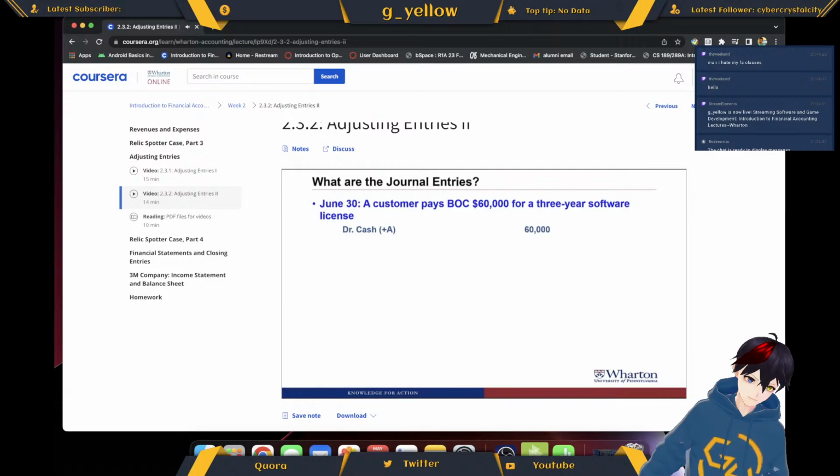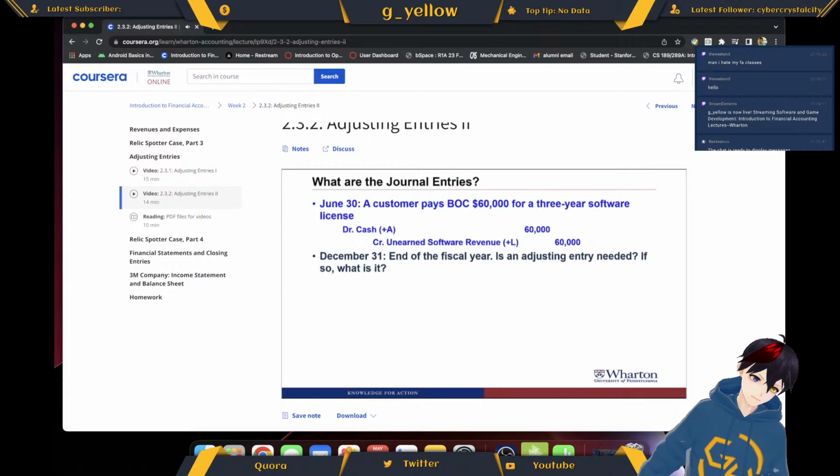But BOC hasn't delivered any of the software yet, so they can't recognize revenue. Instead, they have to create an obligation or a liability for their responsibility to deliver the software over the next 3 years. So we create a liability with a credit to unearned software revenue for $60,000.